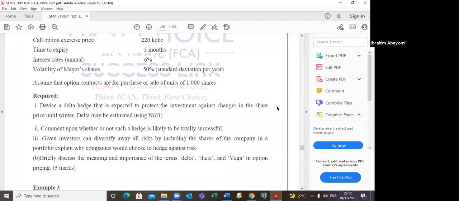When you are investing, it is expected that you don't put all your money in a single investment. You are expected to put your money in various investments so that when one is not performing, the other will be performing.